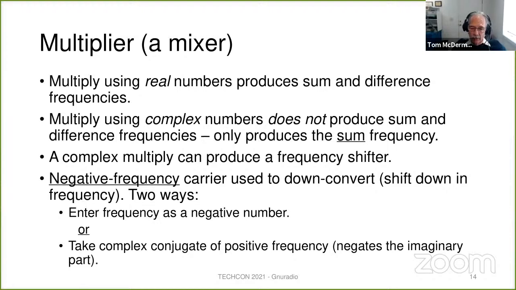So you can enter the frequency as a negative number, or there's a mathematical operation called complex conjugate, and that will invert the frequency sign. So if you have a positive complex signal and you run it through the complex conjugate block, it suddenly becomes the negative frequency of that signal. And if you go through the math of signals, you'll see that it's a real easy thing to do.